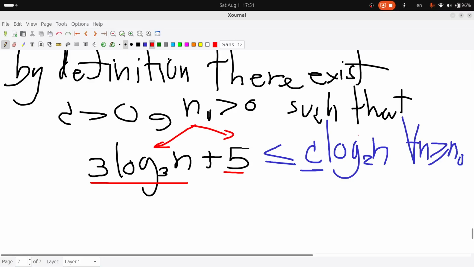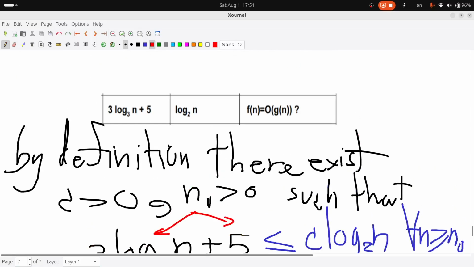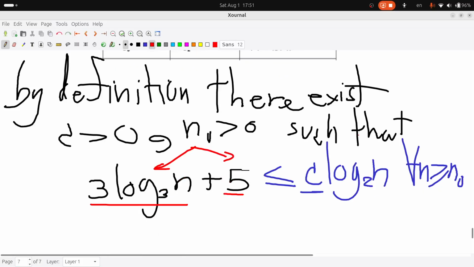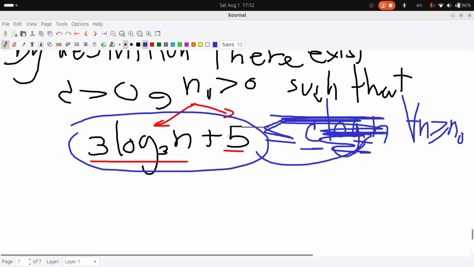The technique I will give you to prove big O, big theta, or big omega notation is to simply forget the equation, only remember the sign, and try to transform the left side to the right one, log n base 2. We just want to prove that.